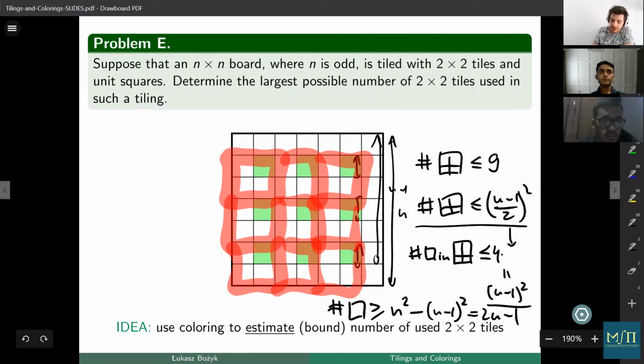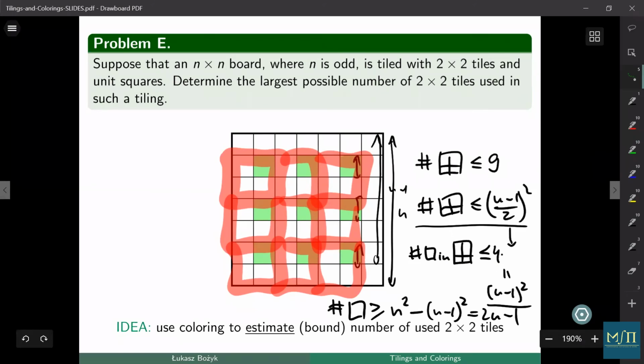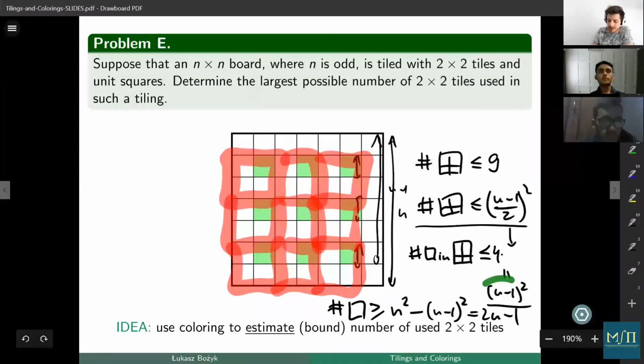Because if we count all the cells in all such tiles, each such tile contains exactly 4 cells, because it's 2 by 2. Then we get 4 times the number of tiles, which is n minus 1 squared.